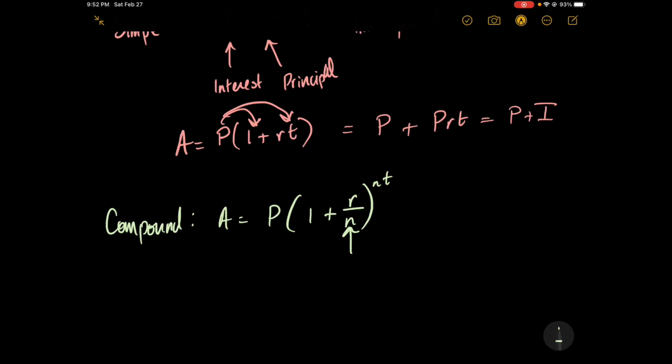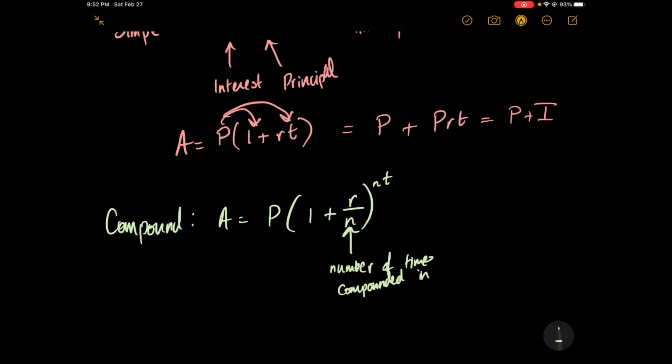So this N value just tells you the number of times that the interest was applied over that same time period. The number of times, I want to say, compounded in the T time period.